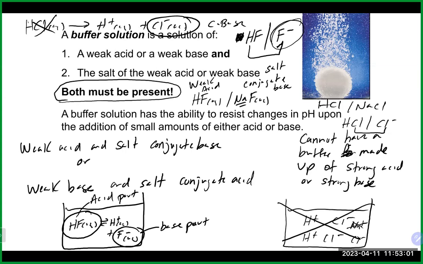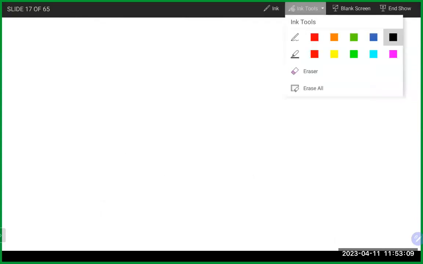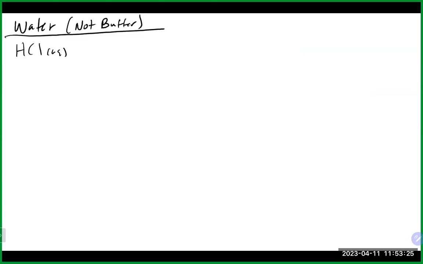So let's look at the action of buffers and how we get there. Let's first look at a situation where it is not a buffer. If we take water, which is a non-buffer situation, and we take some hydrochloric acid, which is a strong acid, and add it to water, because hydrochloric acid is a strong acid, it is going to 100% break apart into H plus and Cl minus.